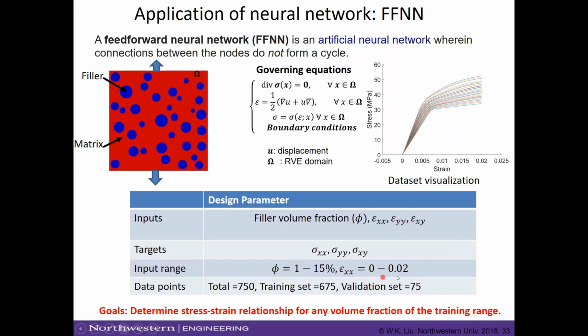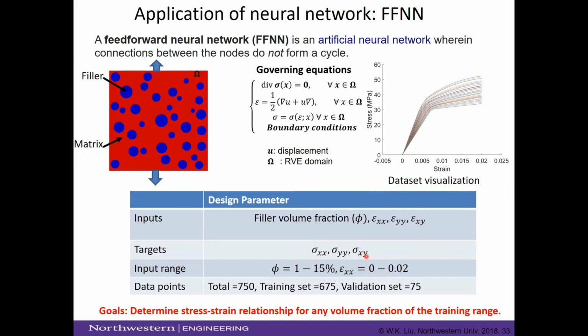For our input, we have 4 different input parameters, which is the filler volume fraction, and when we apply load in the x direction, you will also have some strain component in other directions. So this is epsilon xx, yy, xy. This is a 2D problem. You have these 4 different input parameters, and 3 different target parameters, which are basically 3 different stress components.